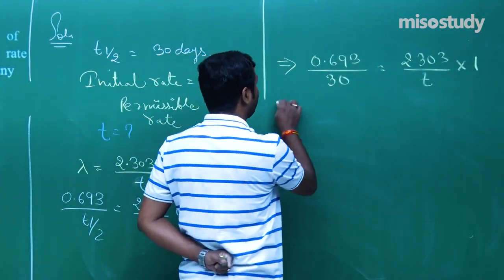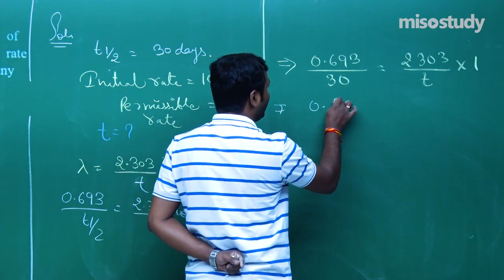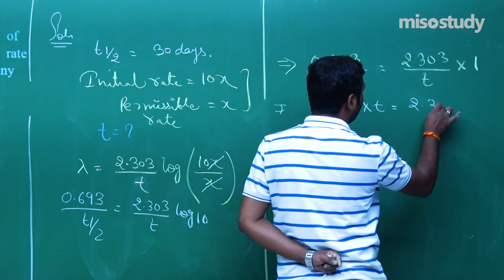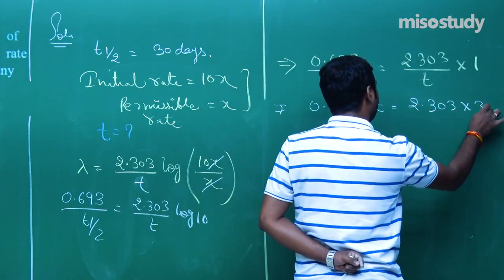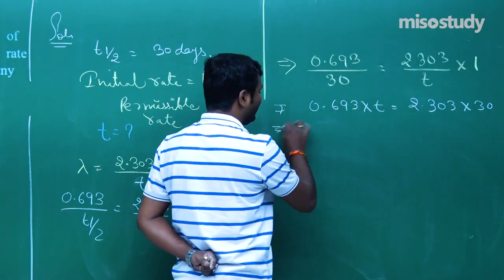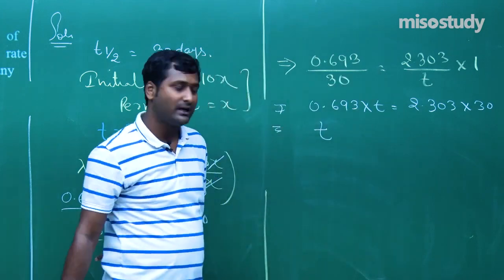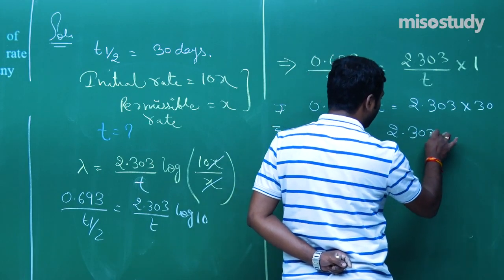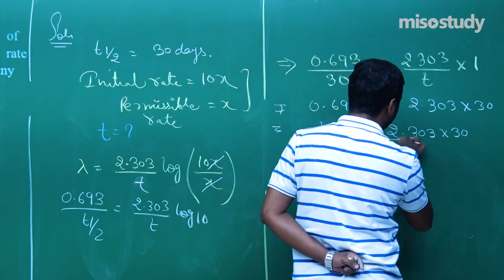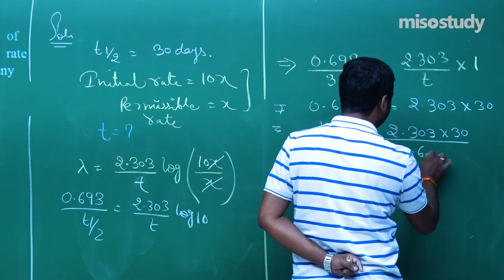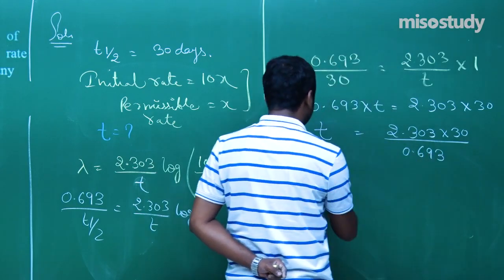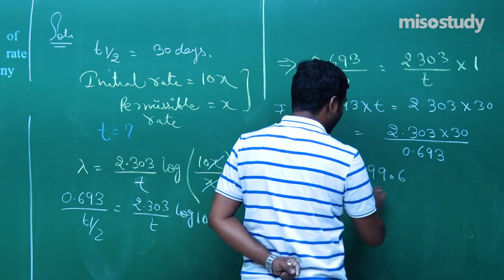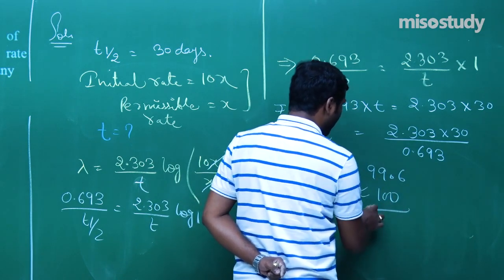Now what will happen? 0.693 into T is equal to 2.303 into 30. Now T is equal to 2.303 multiplied by 30 divided by 0.693. After solving, we get a value around 99.6. Rounding up, we get about 100.